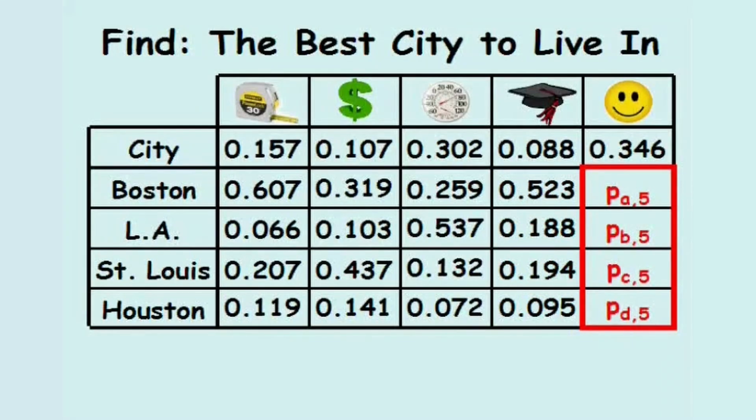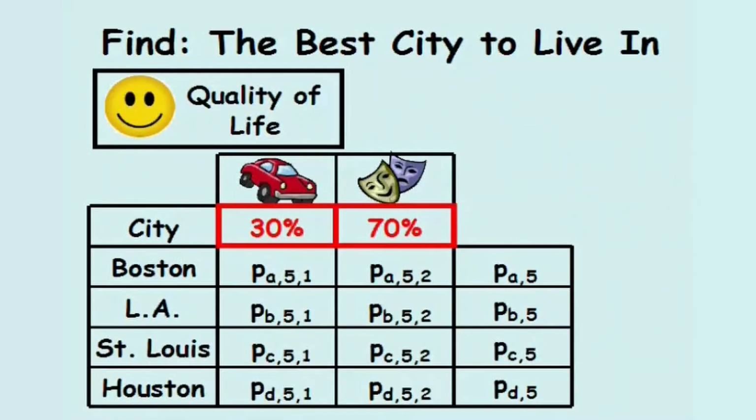The last criterion is the quality of life, which is based on 30% of traffic subcriterion and 70% of the arts subcriterion. These relative priorities are solved the same way as were the relative priorities for the education criterion.